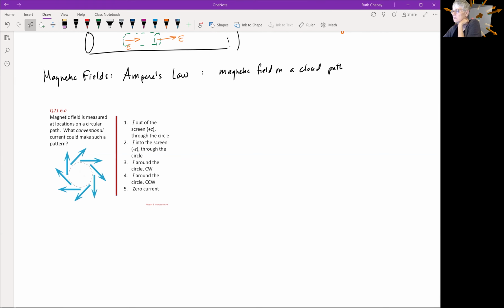So here is some magnetic field. Here's a circular path. We measure magnetic field on this circular path, and we get that pattern.